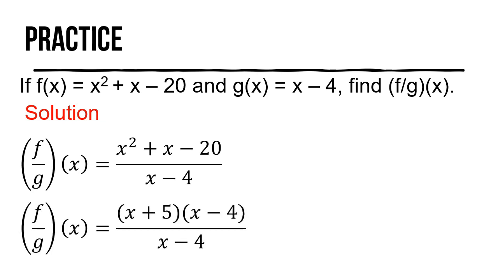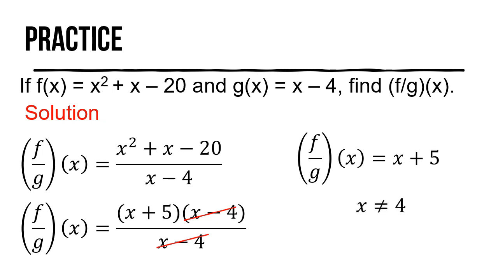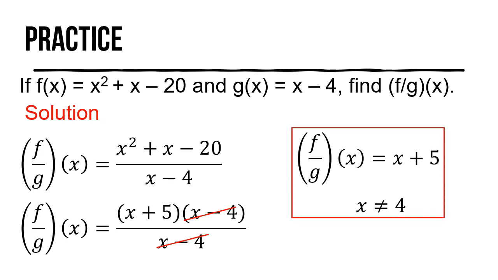The numerator is factorable, so it will become f over g of x equals x plus 5 times x minus 4 all over x minus 4. So it happens that x minus 4 is a common factor, so it will be cancelled or eliminated. So it will become f over g of x equals x plus 5. So x must not be equal to 4 to avoid an undefined result. So this is our answer.